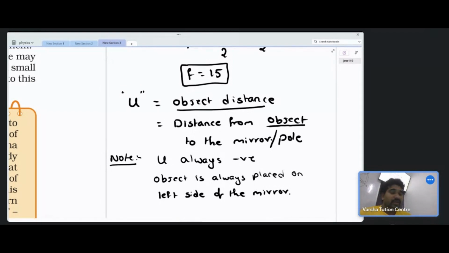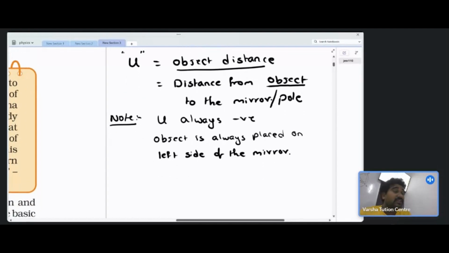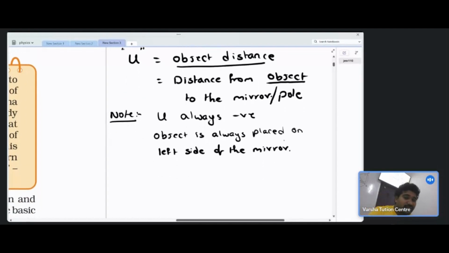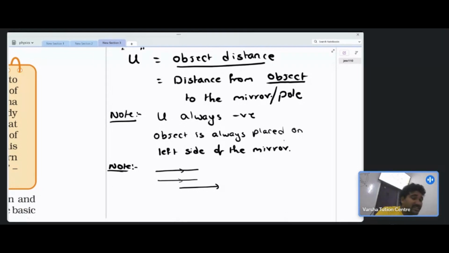Clear that thing now? And one point is there. It is a very important note. What is that note? While taking the direction, positive direction or negative direction, if these are the incident rays which are coming, the lengths measured in the direction of the incident rays are taken as positive.